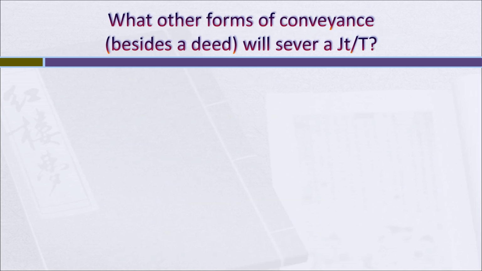Now, we are absolutely sure that if one of the joint tenants conveys by deed to an outsider, that will sever the joint tenancy. But we might ask ourselves, are there other kinds of conveyances besides a deed that will sever a joint tenancy if one of the joint tenants passes it to an outsider?